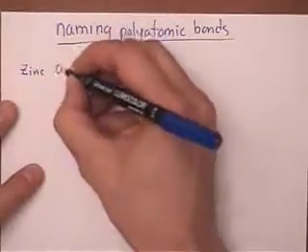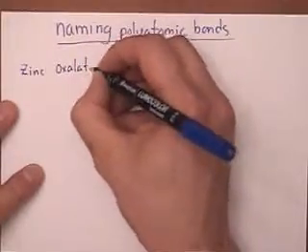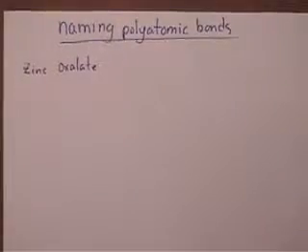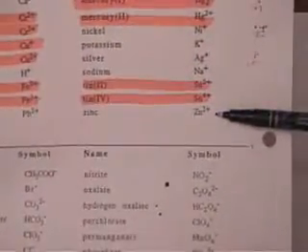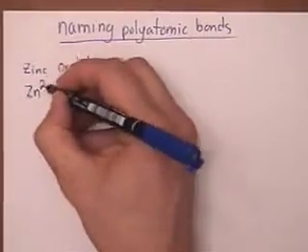So we're going to look at something called zinc oxalate. Zinc oxalate. Now what you need to do is go to your table and look up zinc as well as oxalate. Zinc is right here. That's Zn2+. Then you have to look up oxalate.